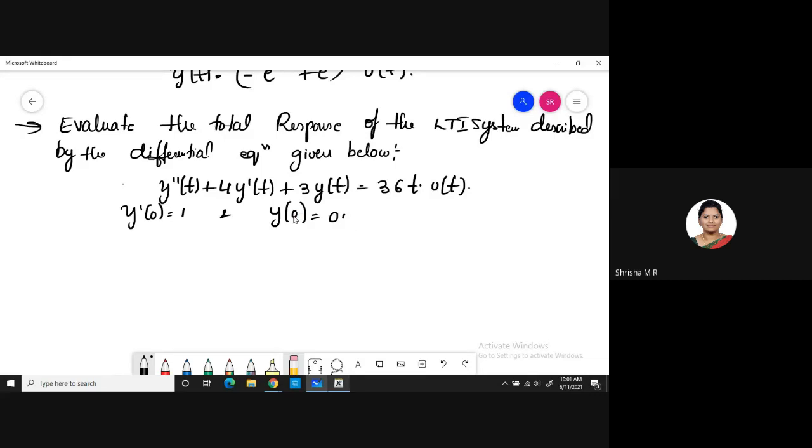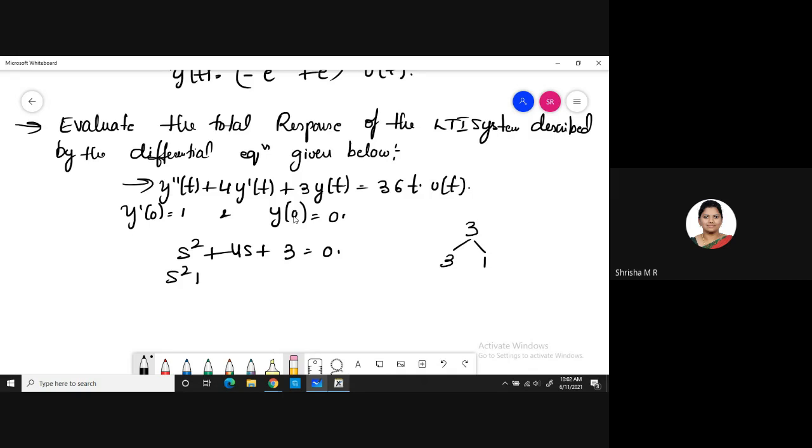Depending upon this differential equation, you have s square plus 4s plus 3 is equal to 0. Now find the roots of the characteristic equation. What do you get? What are the roots? 3 ones are 3, and if you add that, you'll get 4.